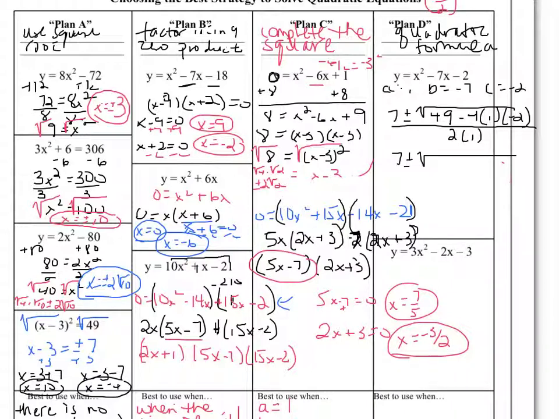Negative 4 times negative 2 is 8. So 49 plus 8 is going to give me 57 underneath the square root, over 2. And this is your answer for x. I need to check to see if I can simplify, but there's nothing I can. I can't simplify the square root of 57, and 7 and 2 don't cancel out either.